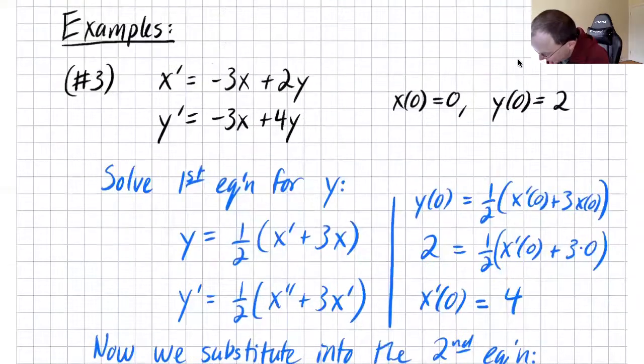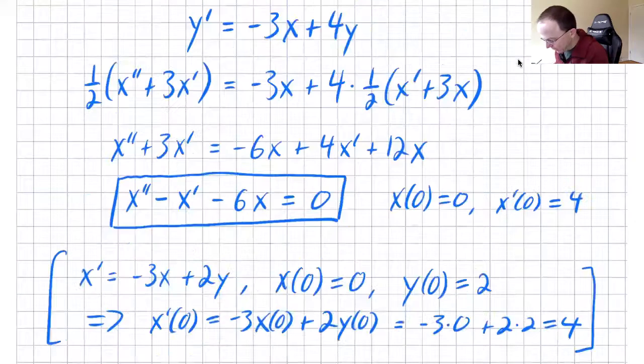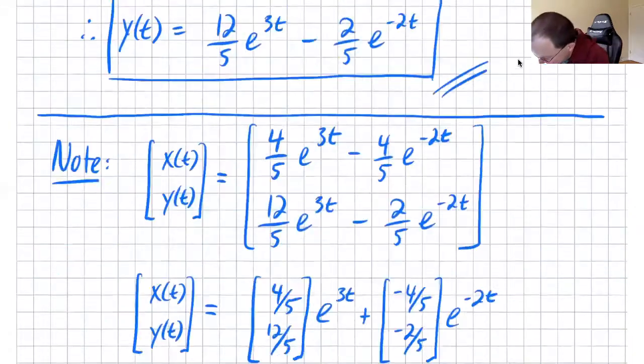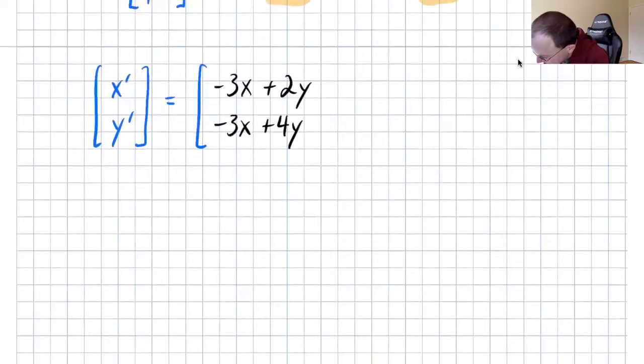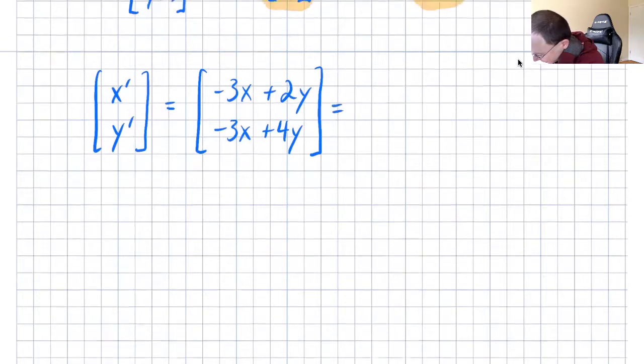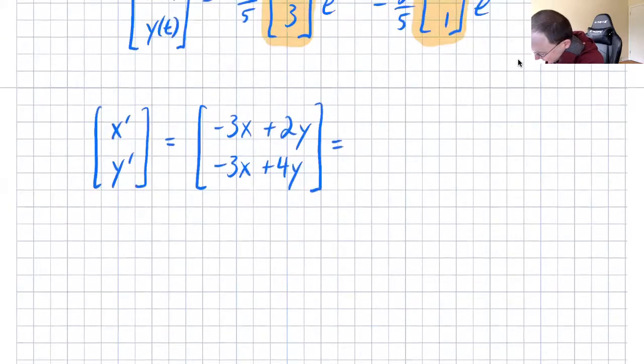Oh yeah, I'm doing number 3. Let's just copy that and bring this down here. Let me make this blue. Again, this is writing the differential equations in vector form. But this vector here, we can write as a matrix times a vector.